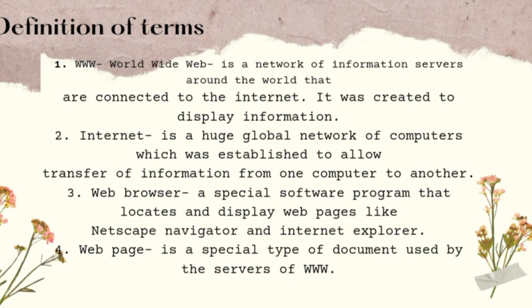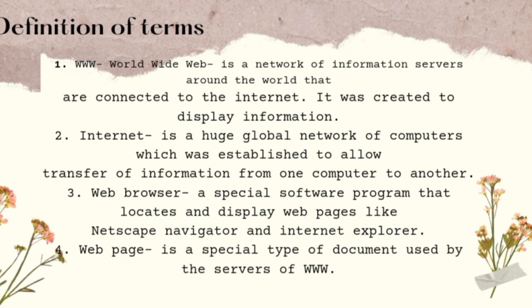Definition of terms. First, we have WWW, or World Wide Web, a network of information servers around the world that are connected to the internet. It was created to display information. Second, Internet is a huge global network of computers which was established to allow transfer of information from one computer to another.